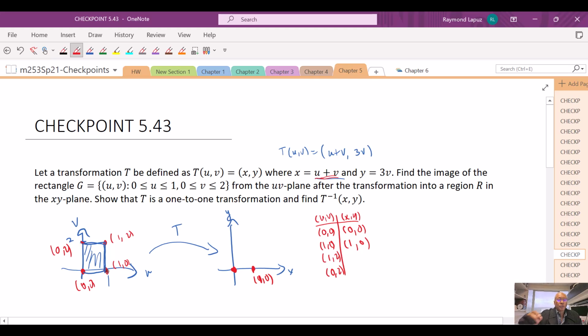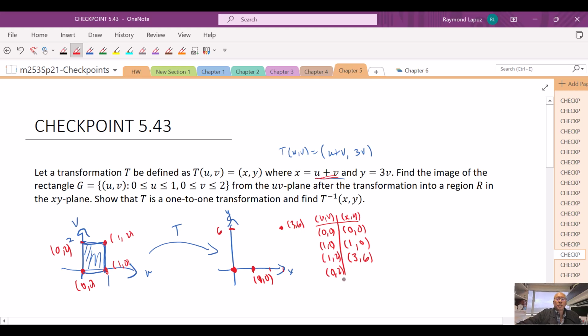Now if we check the point (1, 2), I get an x value of 3 and a y value of 3 times 2, which is 6. So I'm all the way over here and all the way up here. Let's call this 6, and 1, 2, 3. So (3, 6) is our point.